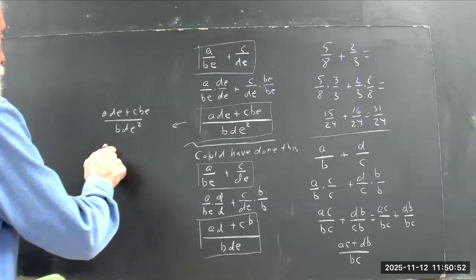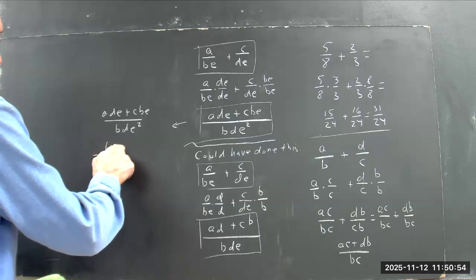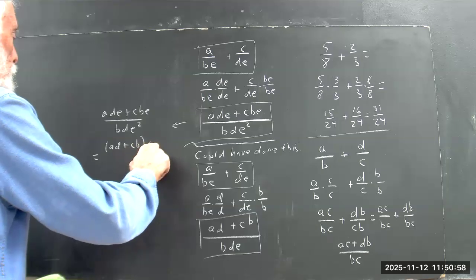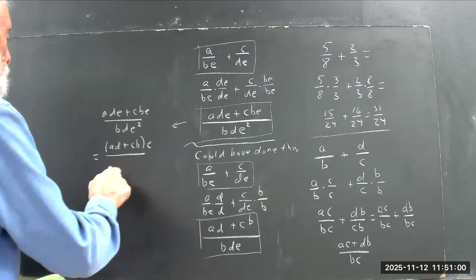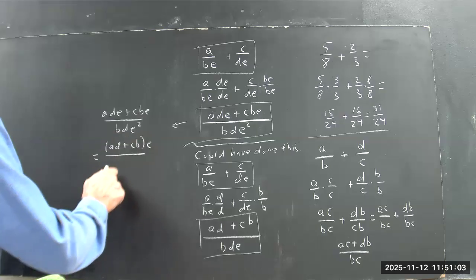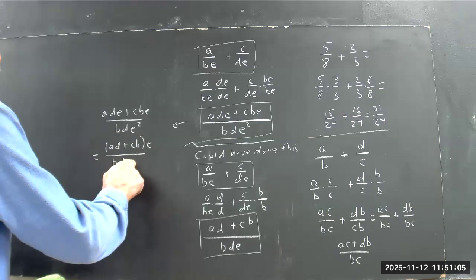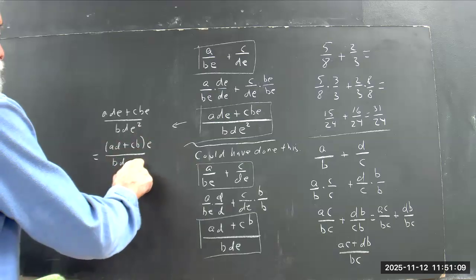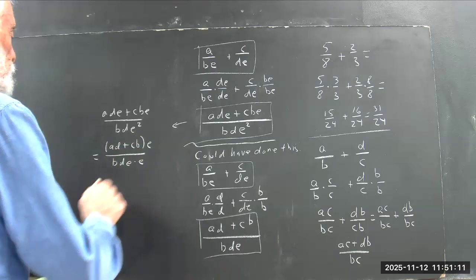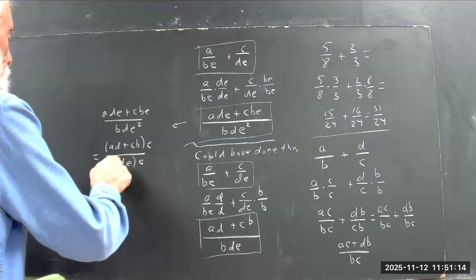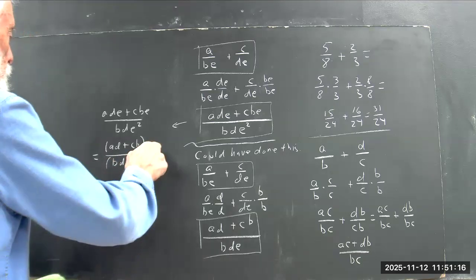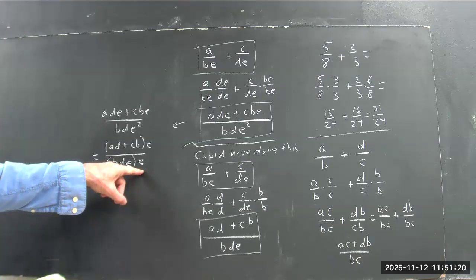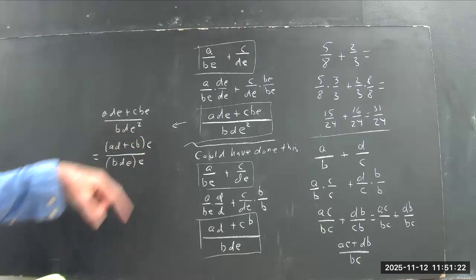So we can express the numerator as AD plus CB times E. We could express the denominator as BDE squared, but that could be written as BDE times E. And you see that we have an E as a factor of the denominator, and E as a factor of the numerator.